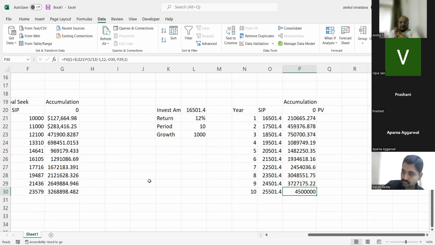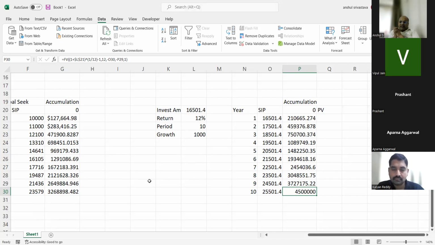Got it? So this is how we can calculate SIP, increasing SIP, step up SIP, and can utilize goal seek and data table functions to do our scenario analysis.